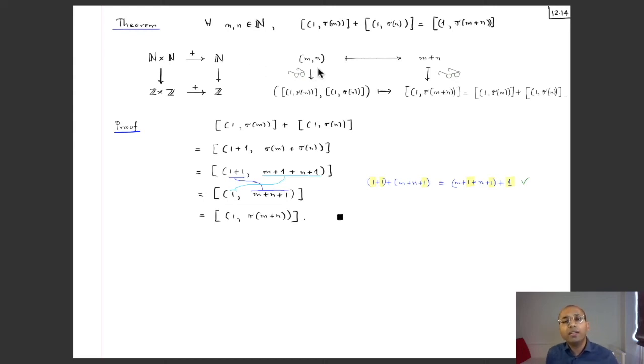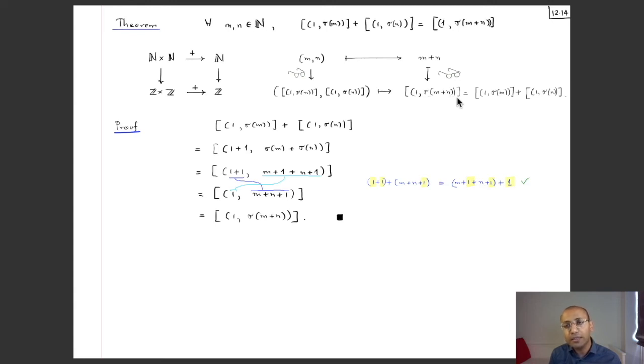So what we mean is that if I take two natural numbers m and n and add them as natural numbers, then you get m plus n. So this is a natural number. Then I put on my integer glasses and view this as an integer. Well, then that's this integer, the equivalence class containing the ordered pair (1, σ(m+n)).